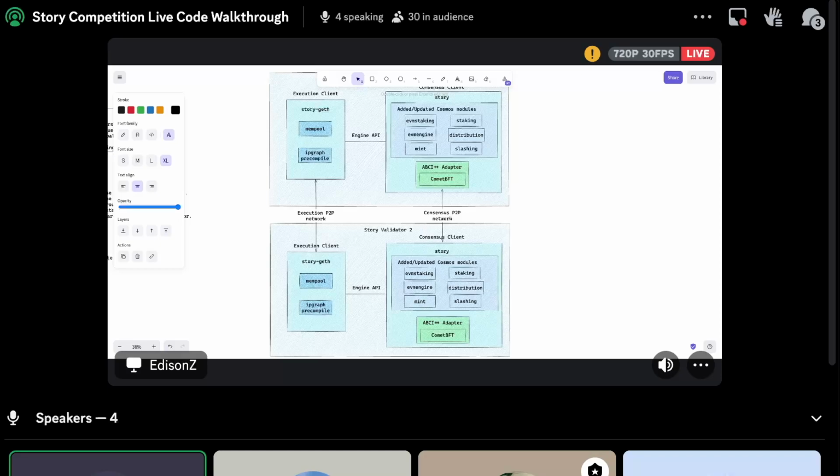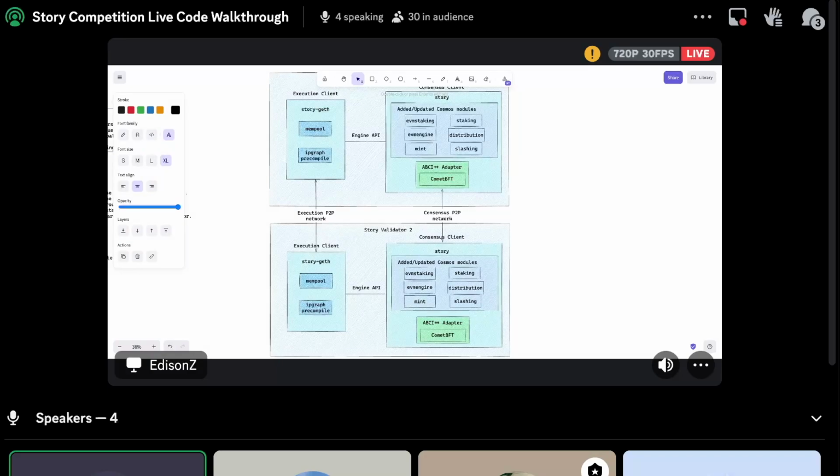Between Story and Omni, we use two different clients, an execution client and a consensus client, connected through the Engine API. That's the same as Ethereum, where the Engine API connects the consensus engine and the execution client, which can be Geth, Reth, or some other execution client.